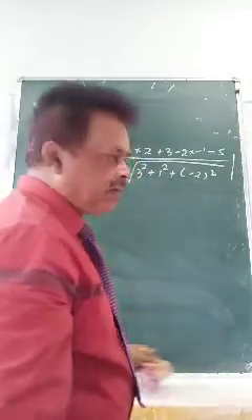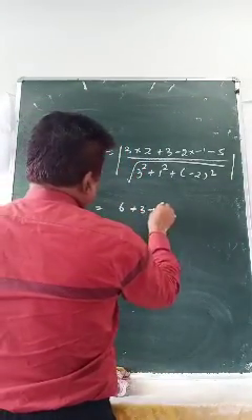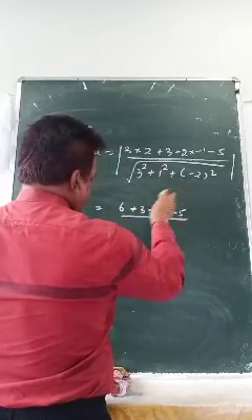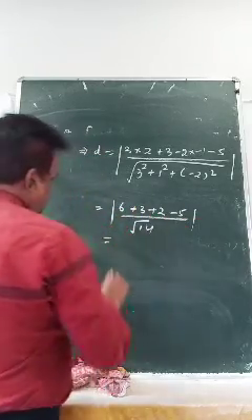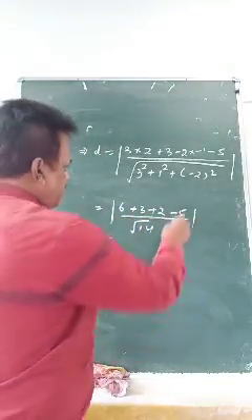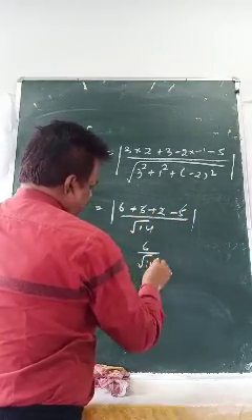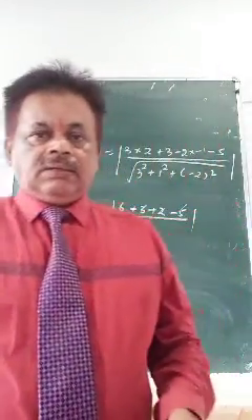Then it is 6 plus 3 plus 2 minus 5 by root over 9 plus 1 plus 4, that is 14. So 6 plus 5 minus 5 cancel. So 6 by root over of 14. So some questions are there. Try to solve.